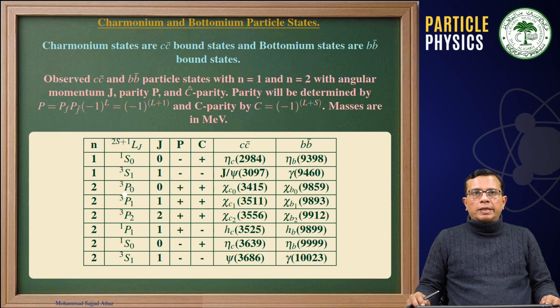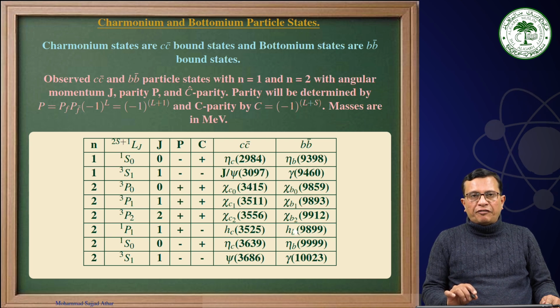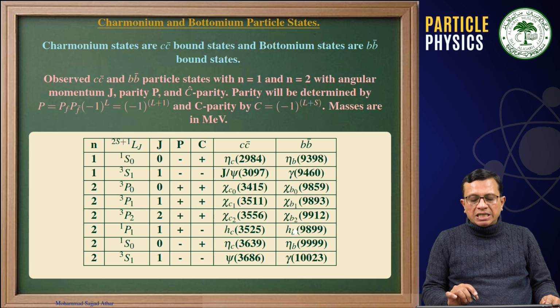The particles in the different states have been experimentally observed, and this is the table which is showing the existence of different cc̄ and bb̄ mesons having different angular momentum, parity, and C parity. That means these three represent the properties associated with the different observed mesons.